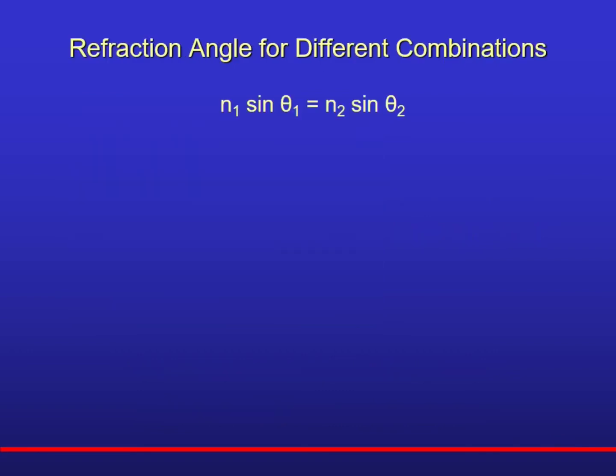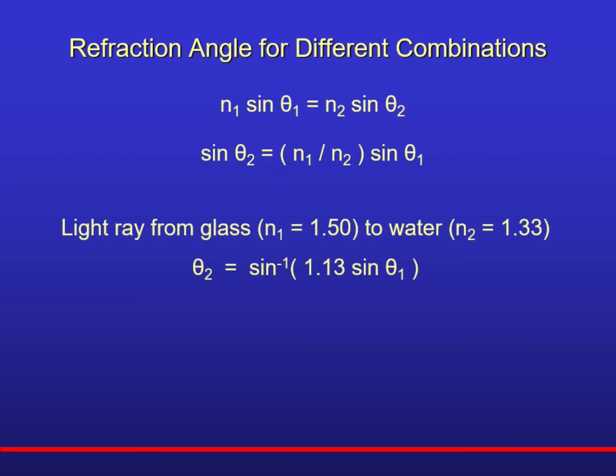Let's look at the mathematics behind that. Okay, here's Snell's law for the two media. We want to solve for theta 2. We rearrange the equation. Sine theta 2 is n1 over n2 times sine theta 1. Let's suppose, now it's not the same as the previous, these are different numbers. Not everything happens with air.